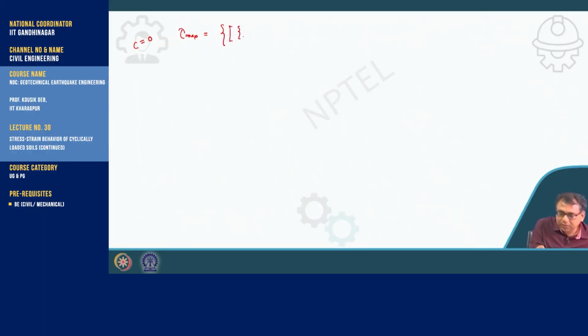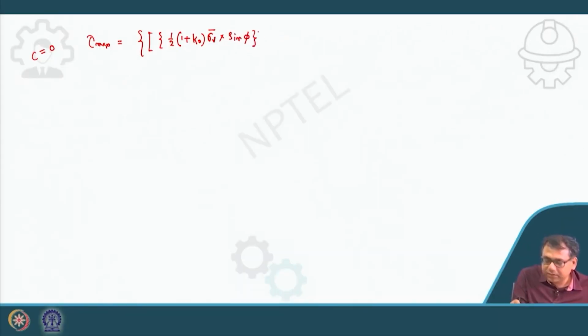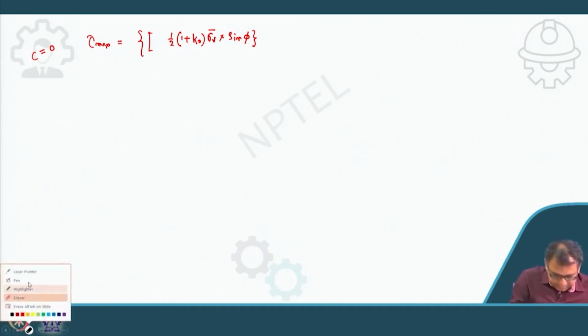Tau max will be half of 1 plus K0 into sigma v bar, into sin phi. Okay. So you can consider, you can erase this bracket. I can erase, sorry.